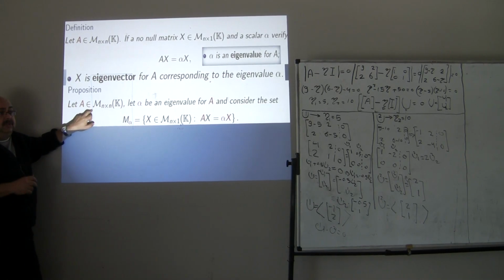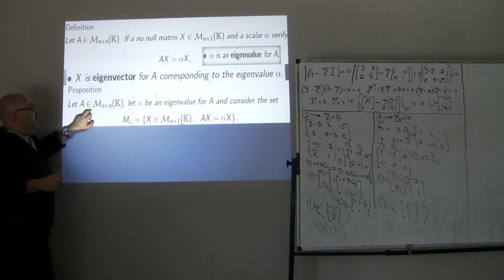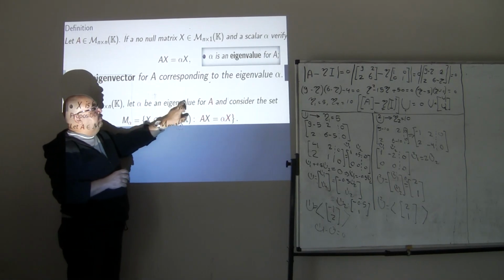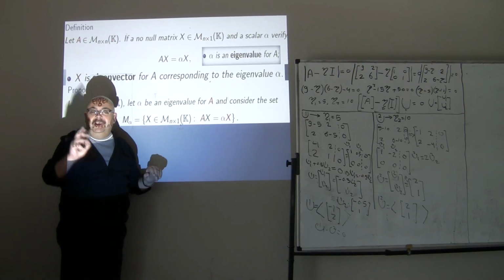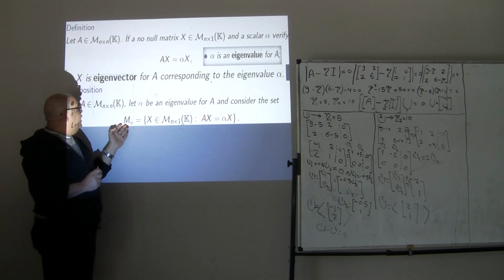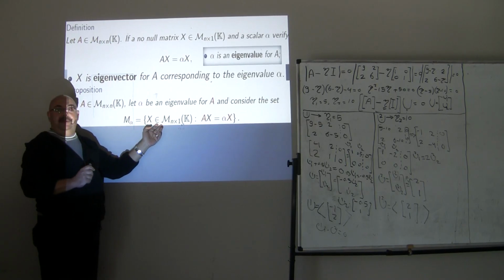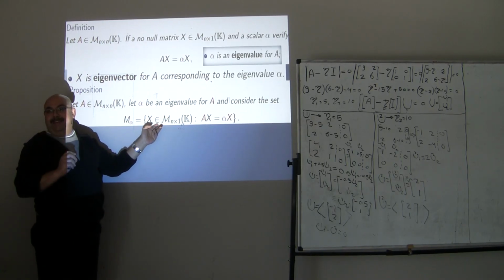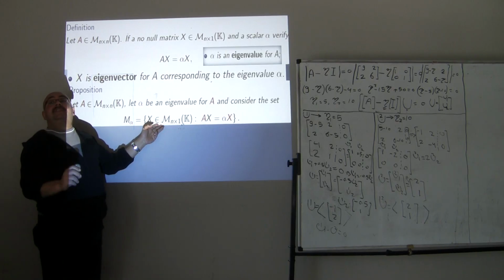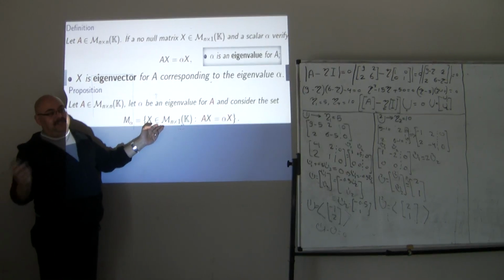We already saw the square matrices. Let's define: let alpha be an eigenvalue for A and consider the set M alpha, which is the set of x belonging to the n by 1 matrices, defining the vector space for the eigenvalue space.